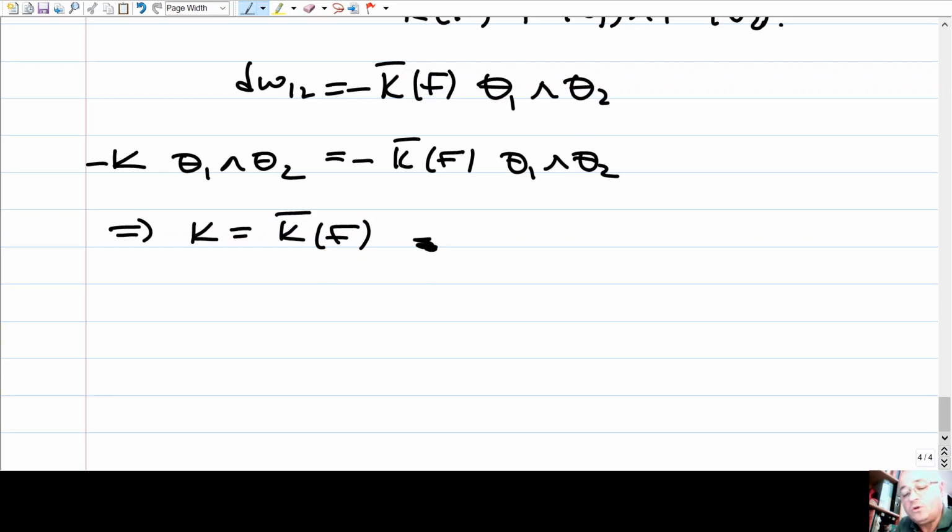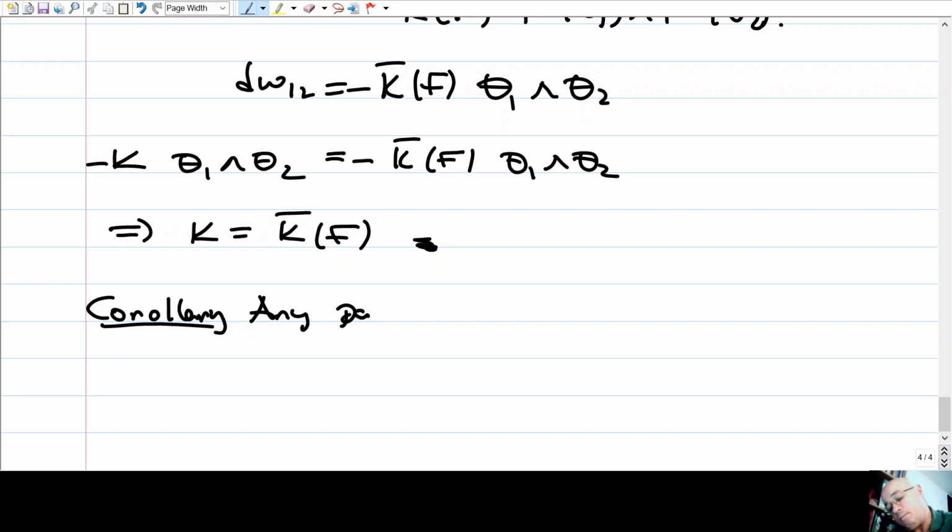In other words, if your transformation preserves inner product, and therefore preserves distances, preserves the metric, then it preserves Gaussian curvature. This also implies the following, of course. If a smooth map doesn't preserve Gaussian curvature, then it cannot preserve lengths. It cannot preserve distances. It cannot be an isometry. In particular, we have this famous corollary.